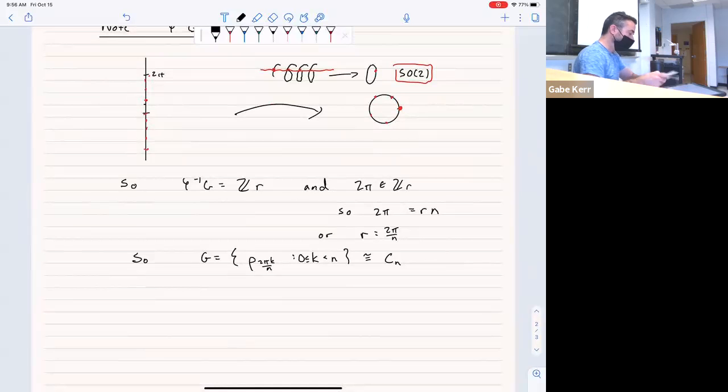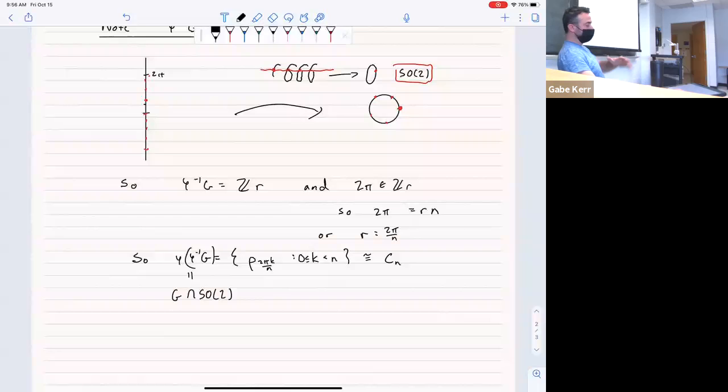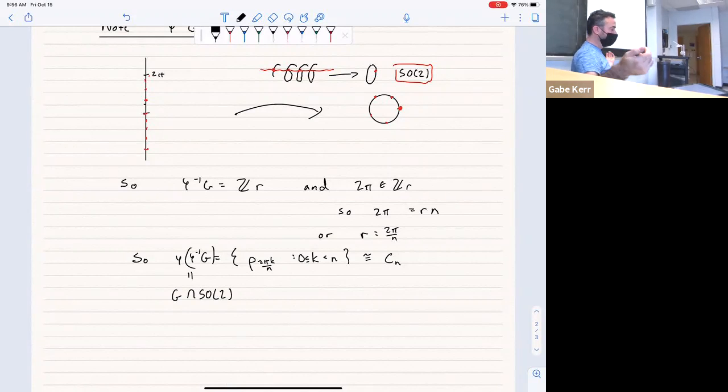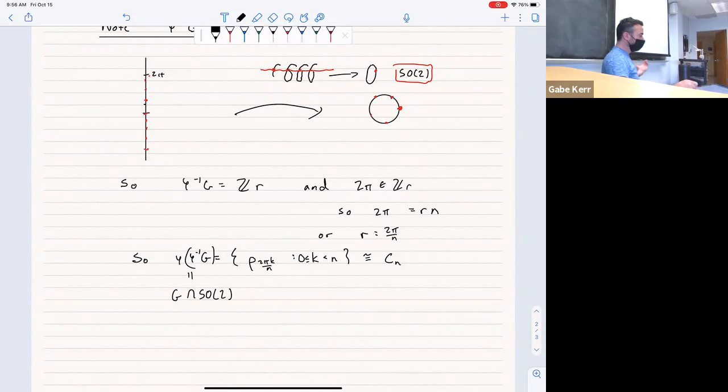And actually, I'm sorry, I should say this is phi of the inverse of G, and this part of G is equal to G intersect SO2. So if I take the inverse image of the ones that are reversing orientation under this map, they're not in the image of that map, so there is no pre-image. There are no elements going to this.